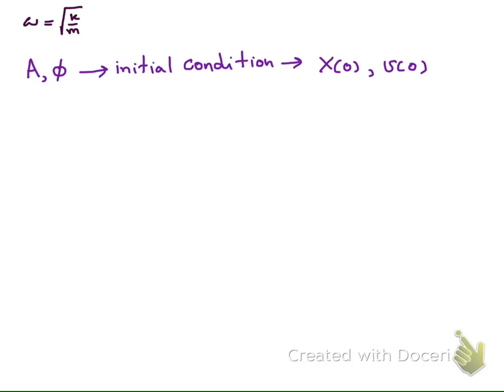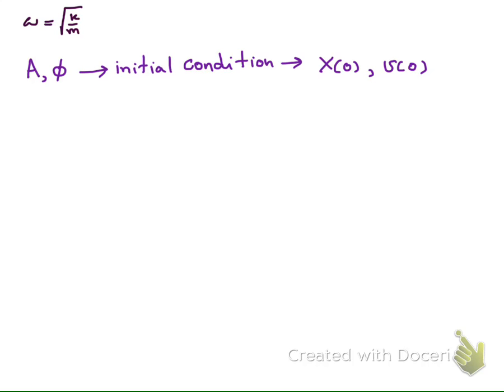This is a choice of initial condition. It is not necessary to use x and v as the initial condition, but this is a convenient choice, because if we take the time equal to 0 at the initial time, we can use this as the initial condition of the motion.